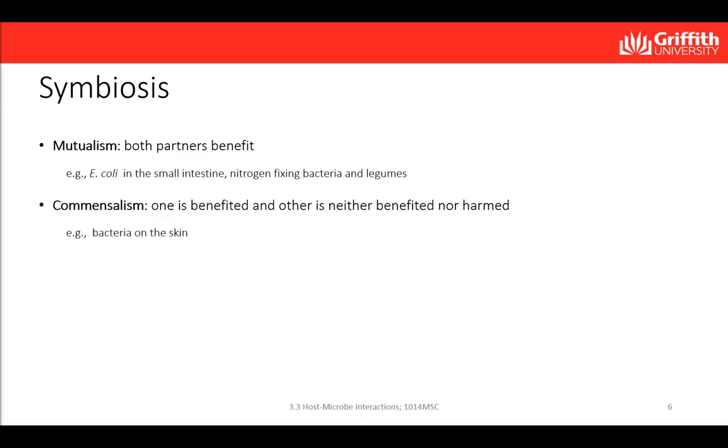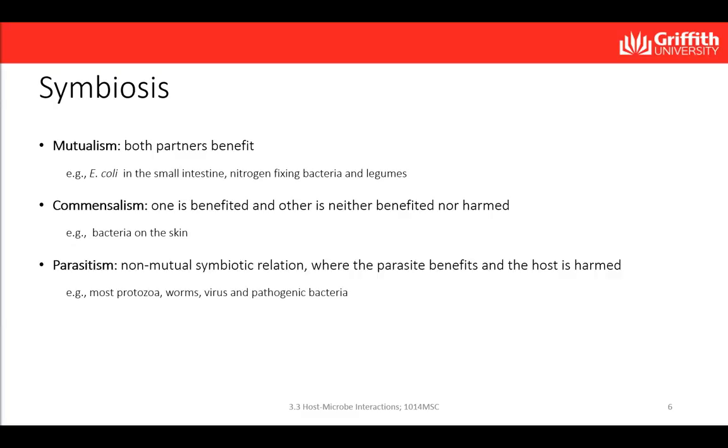In commensalism, only one party benefits, and the other is neither benefited nor harmed, as seen in the relationship we have with the bacteria on our skin. Finally, parasitism is a non-mutual symbiotic relationship, where the parasite benefits and the host is harmed. Parasitism includes protozoa, worms, and pathogenic bacteria.